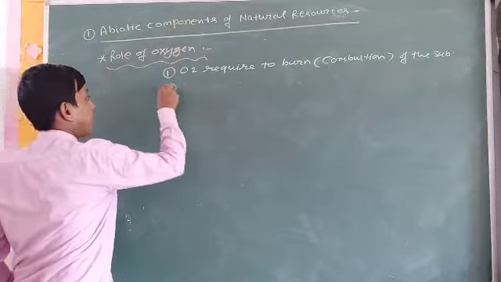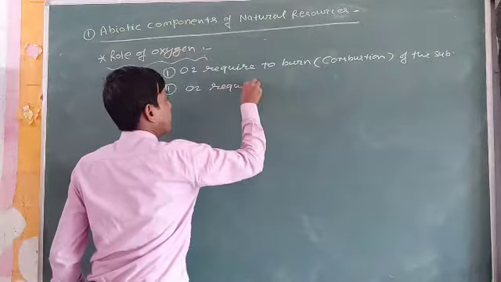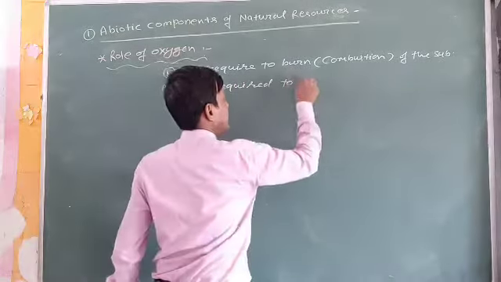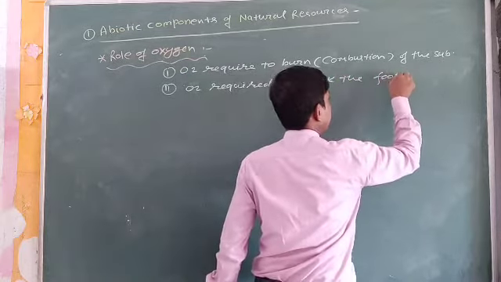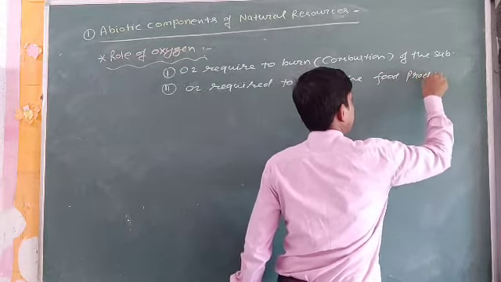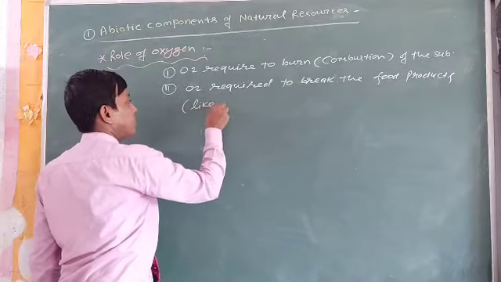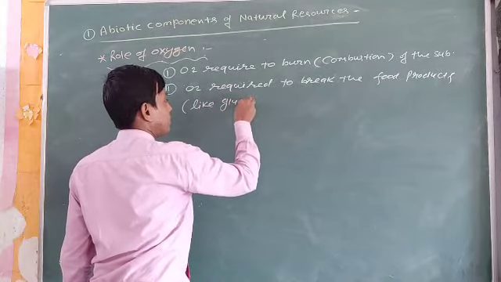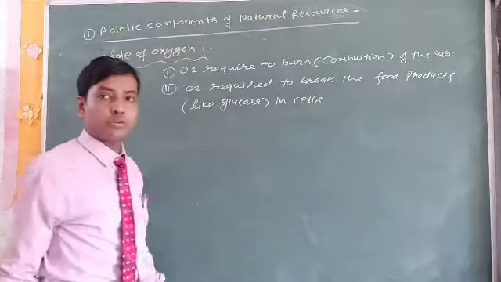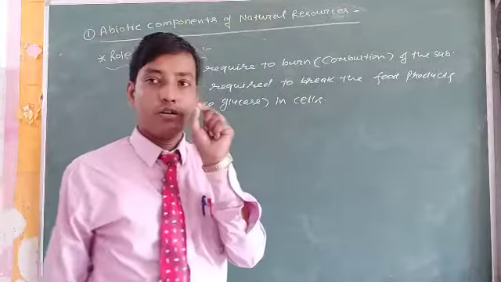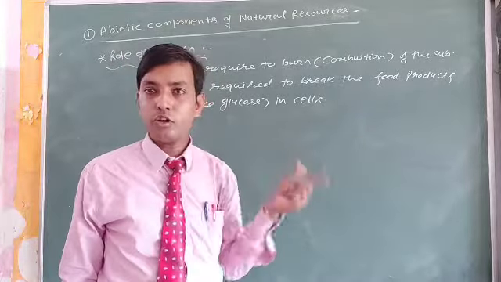For example, glucose in a cell. O2 is required, a very small amount of oxygen, to break down glucose through the respiration process.